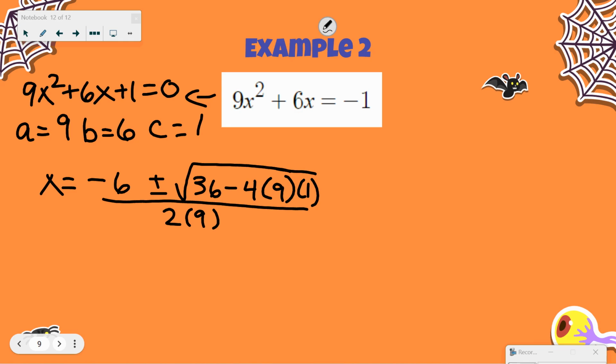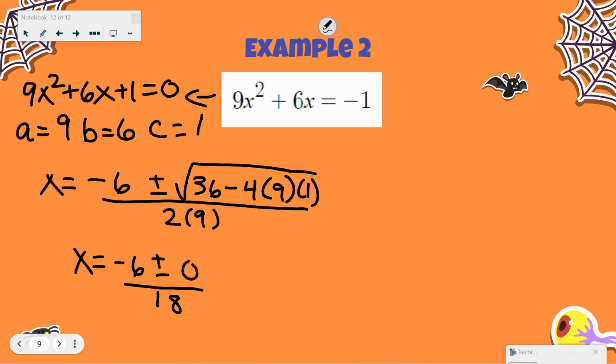Alright, so why don't you guys take a minute and simplify underneath that square root next. And what is going to happen underneath our square root? 0. It does equal 0. So I'm going to keep the square root of 0, which I know is just going to end up being 0.